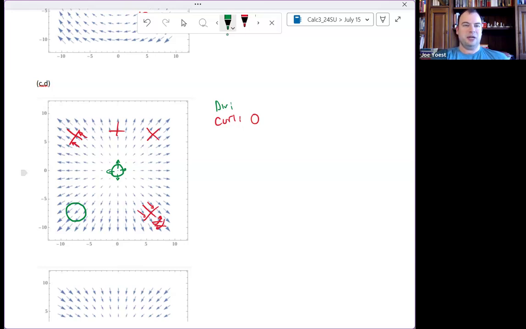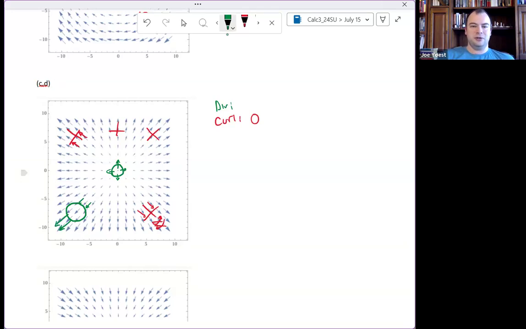But I have other vectors coming out, making it act like a source in that direction. So there are countervailing forces. But I note that the vectors coming in are much smaller than the vectors going out.